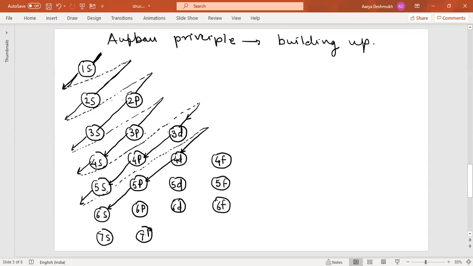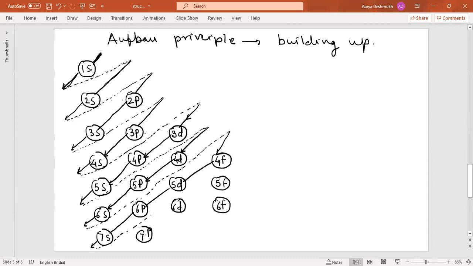Then after 5p, what comes? Then 6s. After this 6s, you go up with the dotted line. Nothing should come in between. Then start from here. Then comes 4f, then 5d, then 6p, isn't it? Then 7s. Now again you start from here.